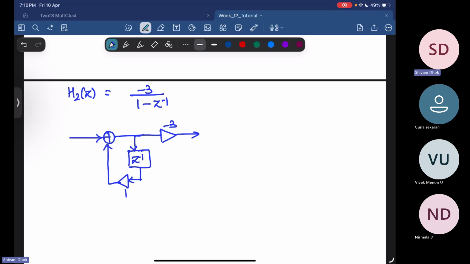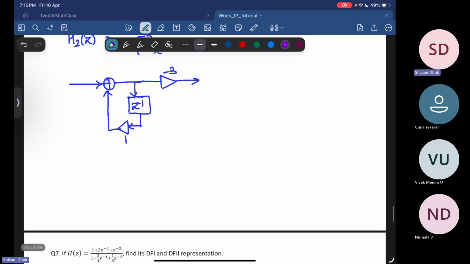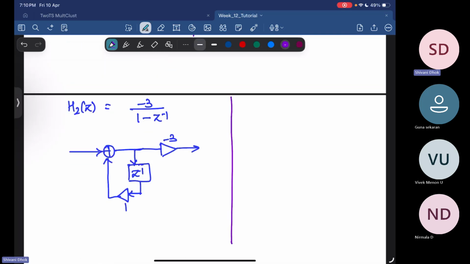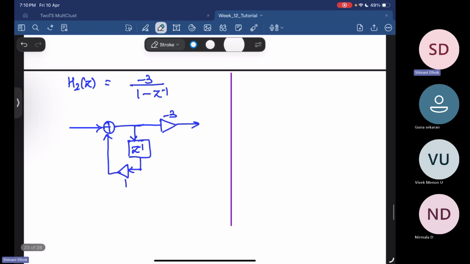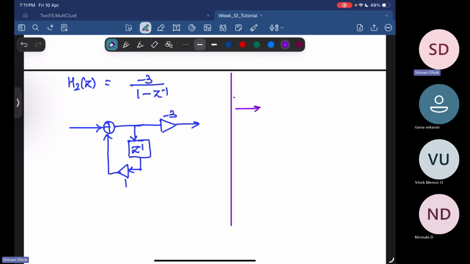Again, for better understanding, let us first do your direct form 1 representation also. So how does your direct form 1 representation look? You'll start with your x of n, and then you will have a scaled version of this by a factor of minus 3, and then that has to be added with your y2 of n, a scaled version of this multiplied by a factor of 1, and that gets added like this.